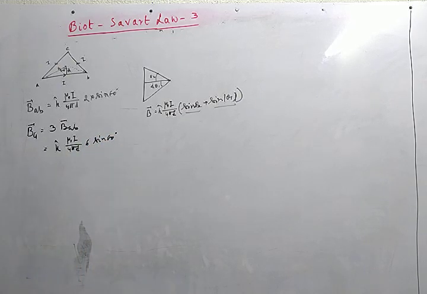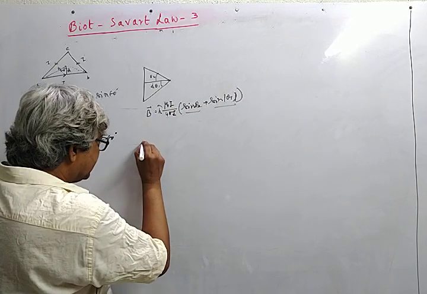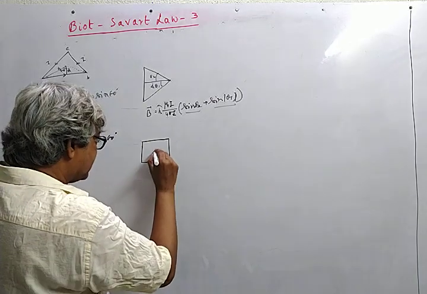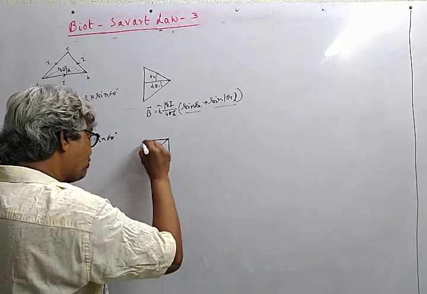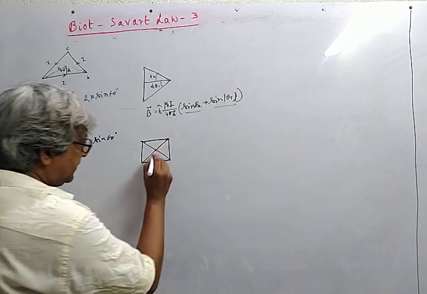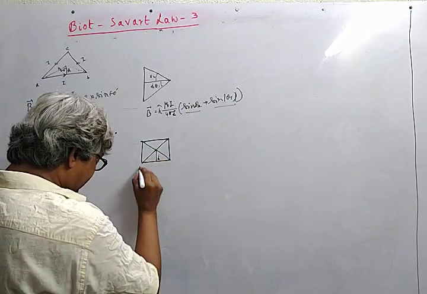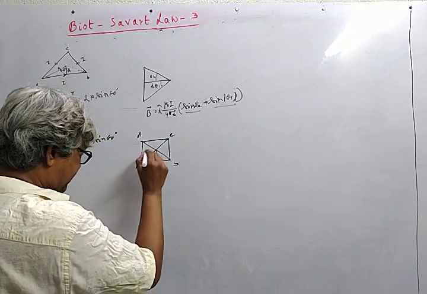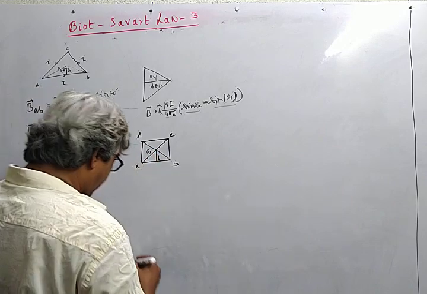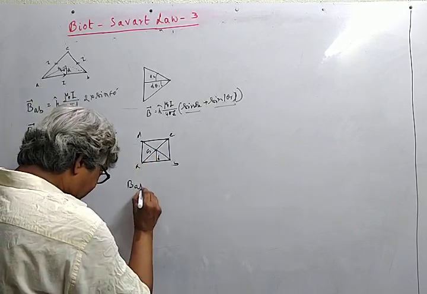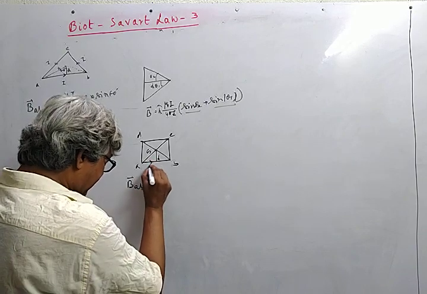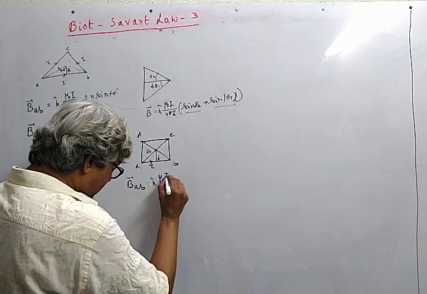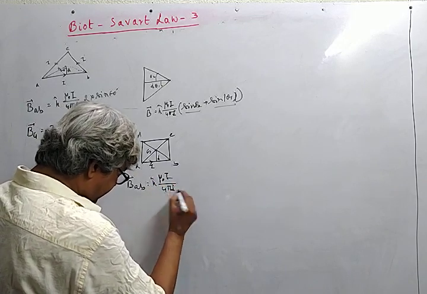If we consider a square and we find what is the field at the center where the two diagonals meet, then if this is the distance d, the field at G will be BAB, the field due to this side when it carries current in this sense is k cap mu 0 I upon 4 pi d.